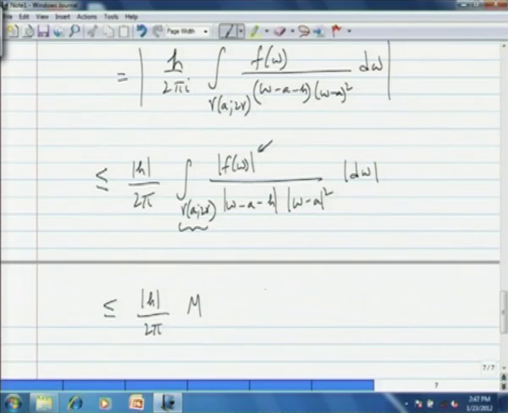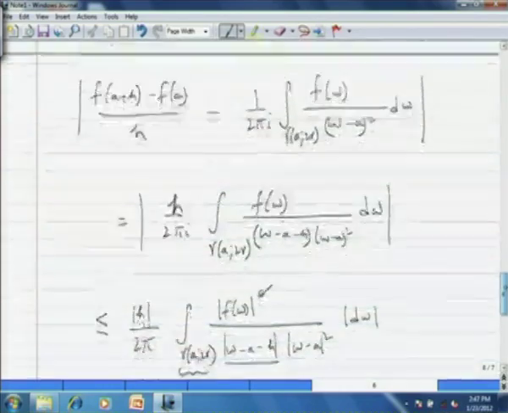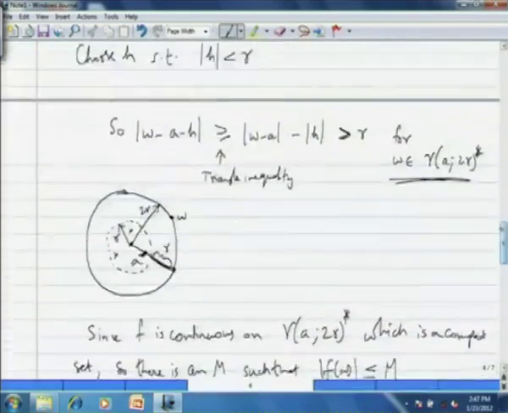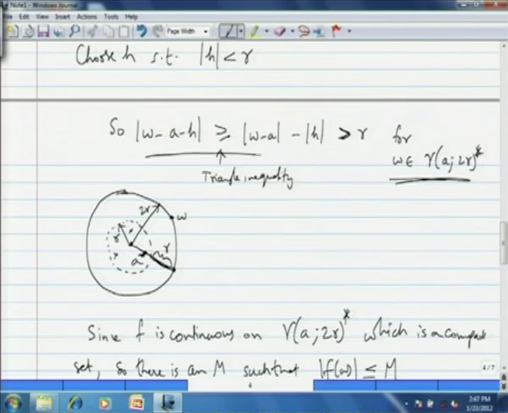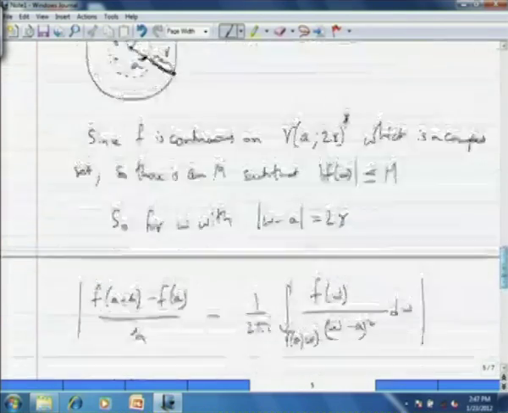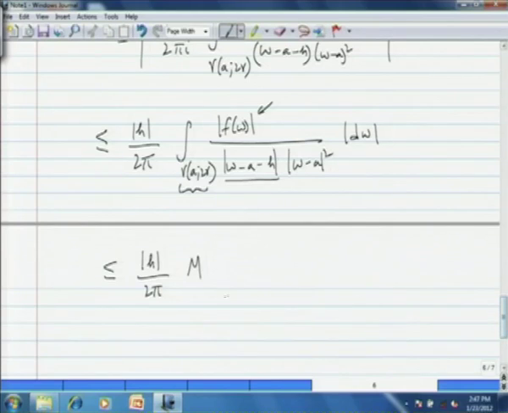Okay. And then in the denominator we know that the modulus of w minus a minus h, we showed that is at least r. So, it is here, that is at least r. So, 1 by that is at most 1 by r. And likewise the modulus of w minus a is equal to r.